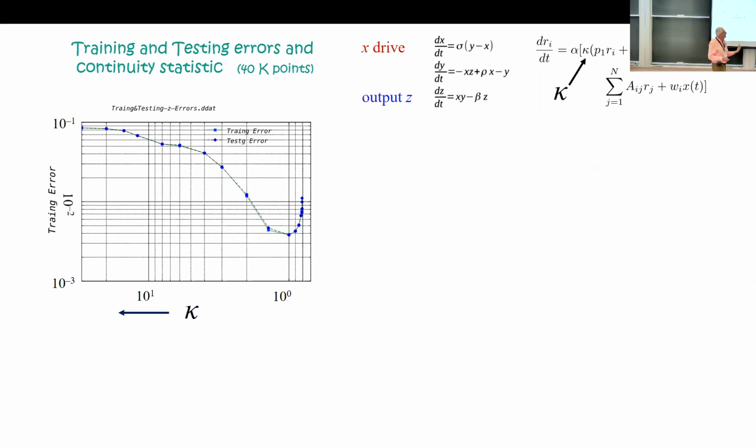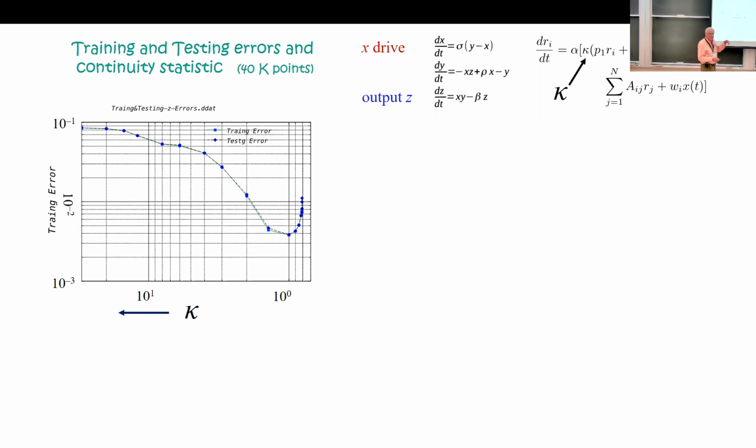But if you go to what they would call the edge of chaos, because this system goes unstable at a kappa of about 0.8, what happens? Does it get better and better? Well, no, you can see that now the training error goes up. So being at the edge of chaos looks like things aren't working.